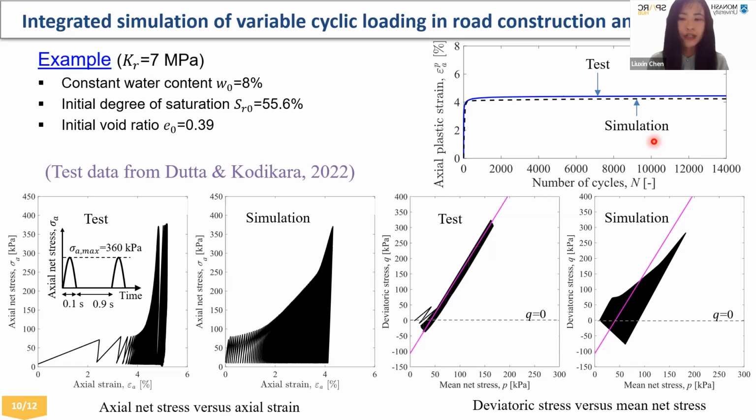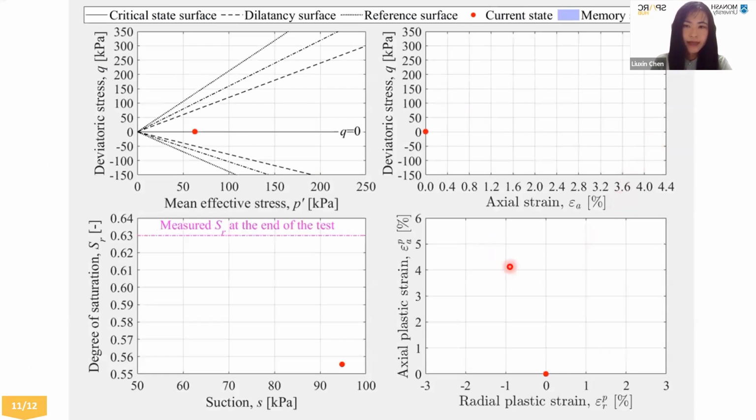Now let's check the animation to see how the model works for the example of unsaturated soil. This figure shows the effective stress path, and this one will demonstrate the stress-strain path. Here we'll show the evolution of degree of saturation and suction. So suction is back calculated through the water retention behavior. And this diagram will present the axial plastic strain against the radial plastic strain.